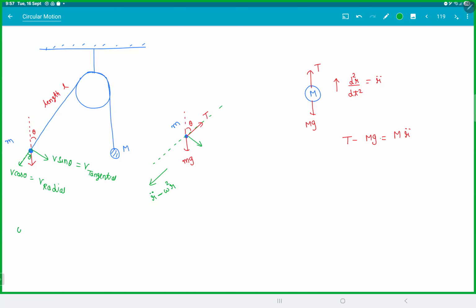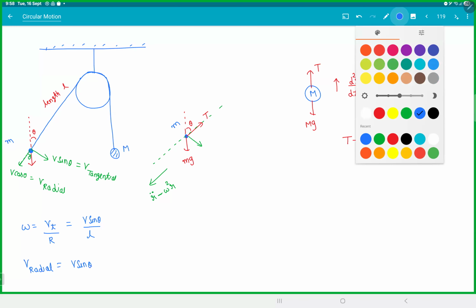And omega is nothing but V tangential by radius. In this case, it's V sin theta by L. V radial is V cos theta. We will need that. Perfect. I think we have everything we need.